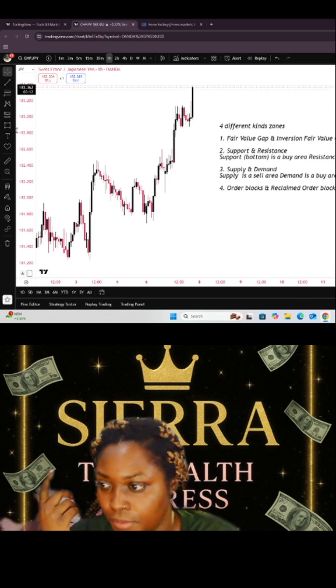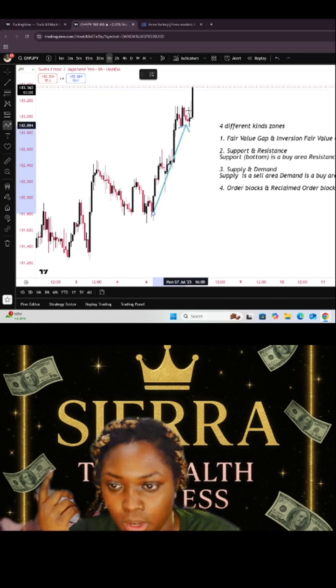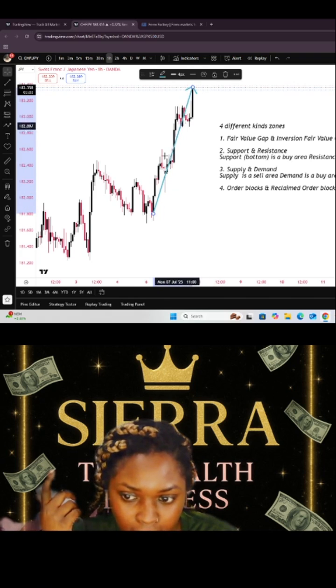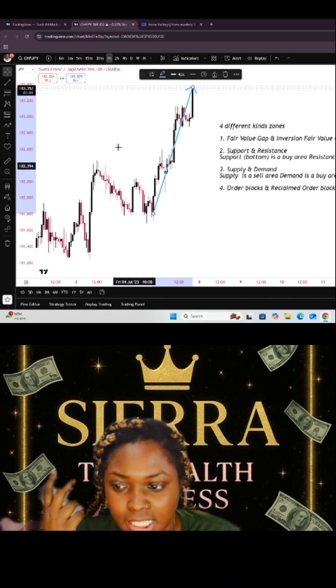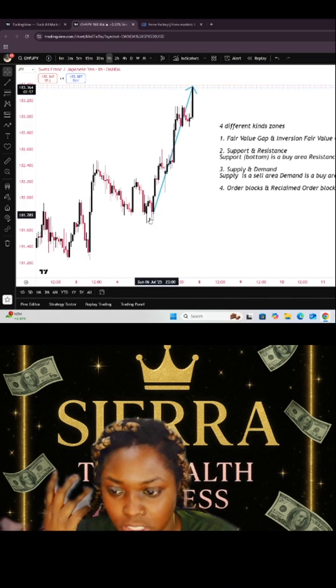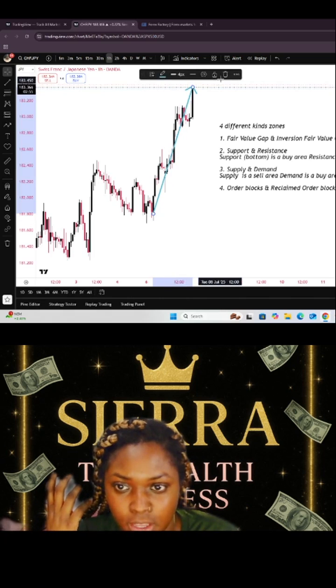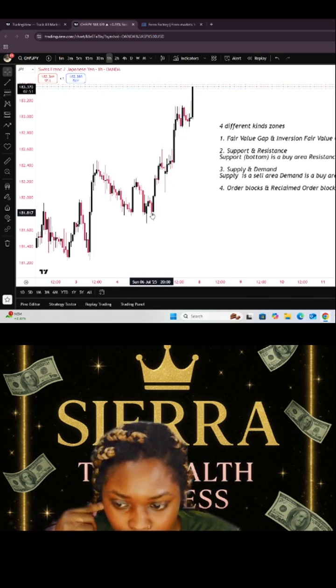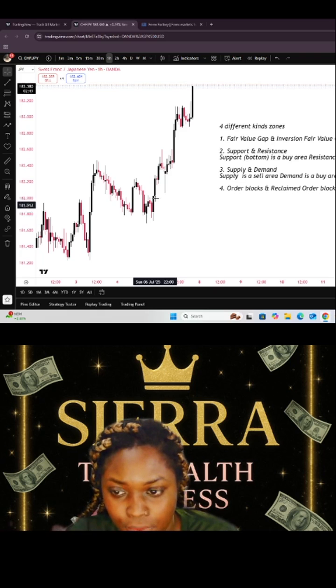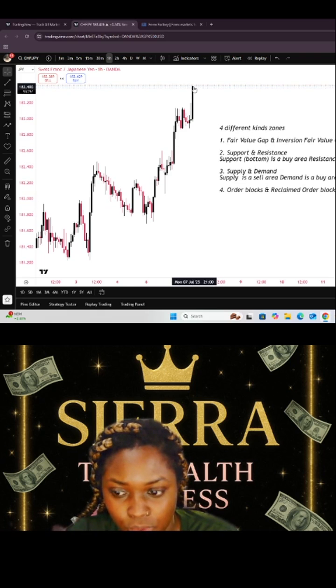All right, so here we have this nice bullish up move, right? Although we do have these few red candles in between, it's not giving us an extreme pullback. It's mainly just pushing up. So order block is the last opposite color candle before an impulsive move.